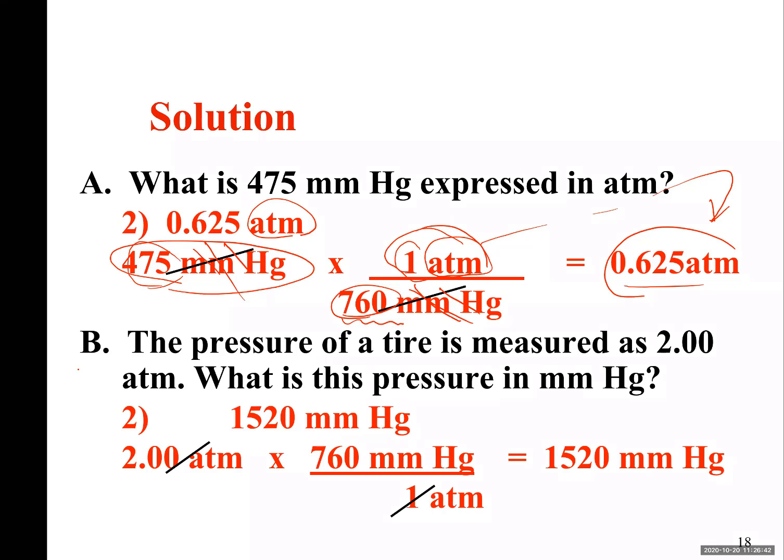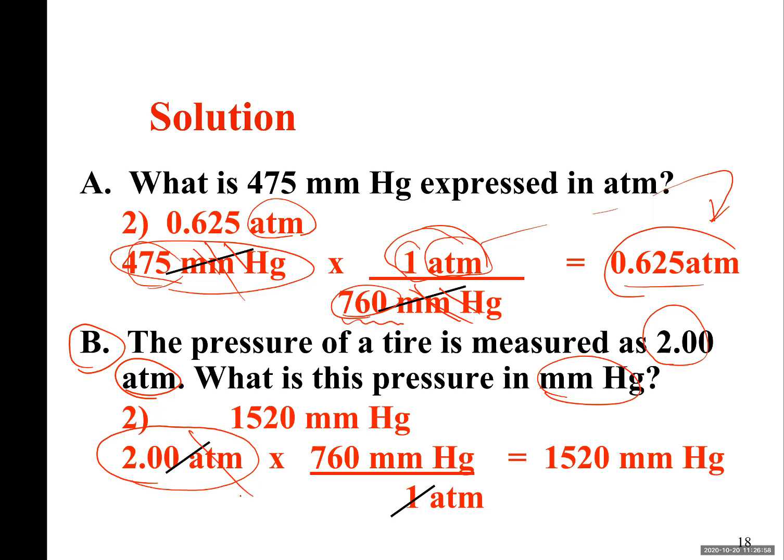So in part B, we are giving you a pressure of 2 atmospheres, and we want you to convert that into millimeters of mercury. So obviously, we want to cancel atmospheric pressure. We write that on the bottom. The problem is asking you to convert it to millimeters of mercury. We write that on the top. And then we relate top to the bottom.